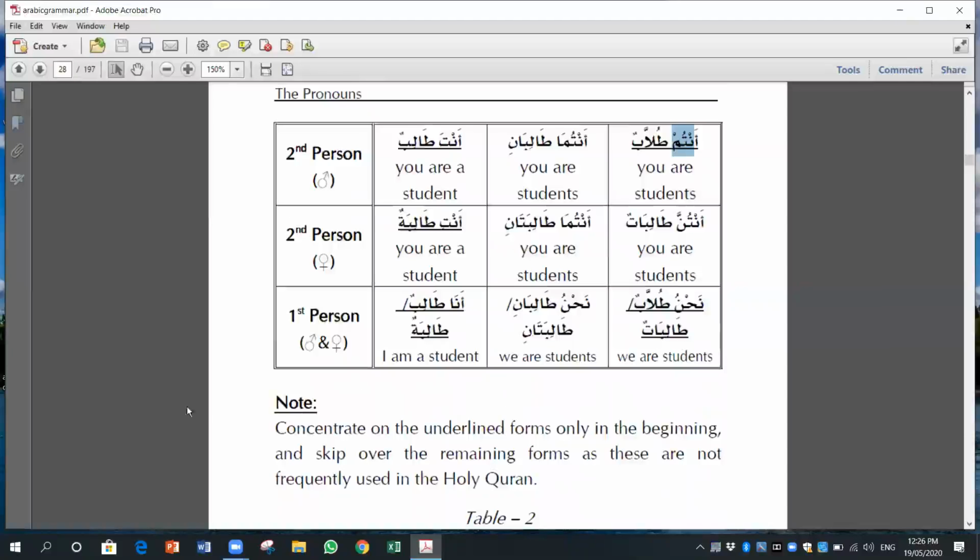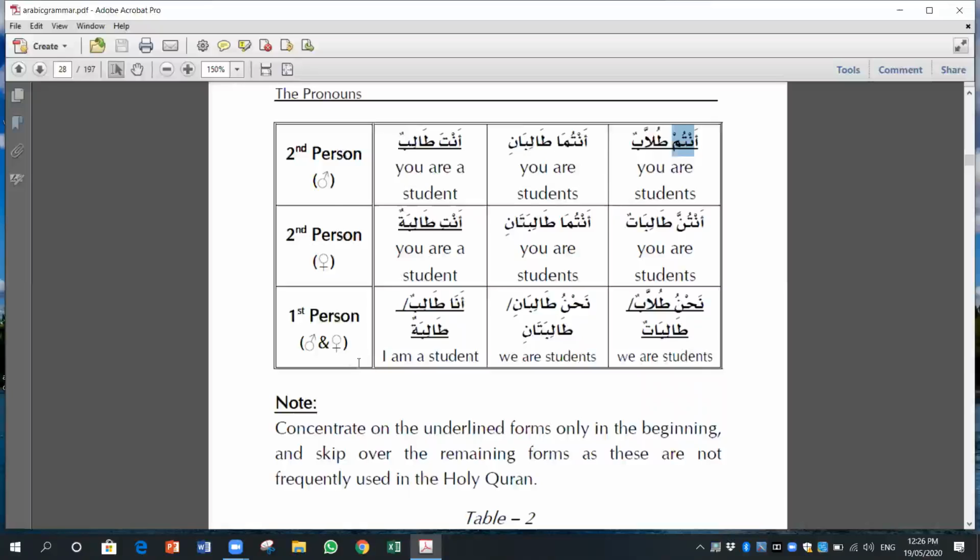Now is first person. What is first person? I, me. The one who is talking is the first person. The one who is being talked to is the second person. And the one who is not with us is the third person. So first person, the one who is talking, could be male or female, but it will be the same.